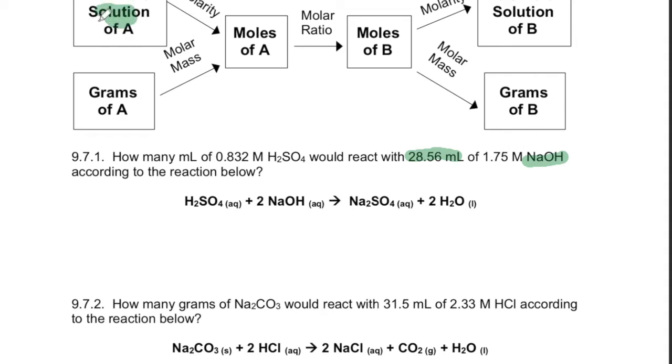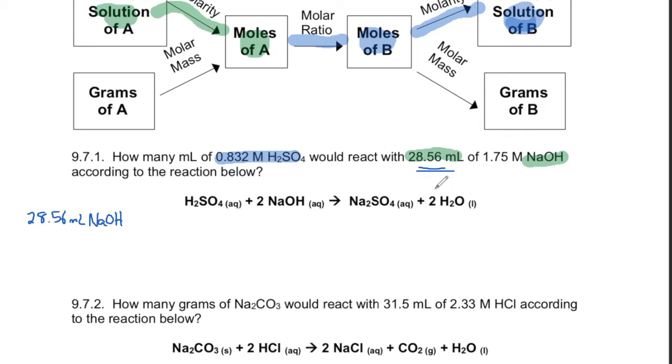We have our volume of solution A. We're going to use the molarity to figure out our moles of sodium hydroxide, our moles of A. Then we're going to use the coefficients of the reaction to get to moles of sulfuric acid. And then we're going to use this molarity to get to the volume of sulfuric acid that we need.